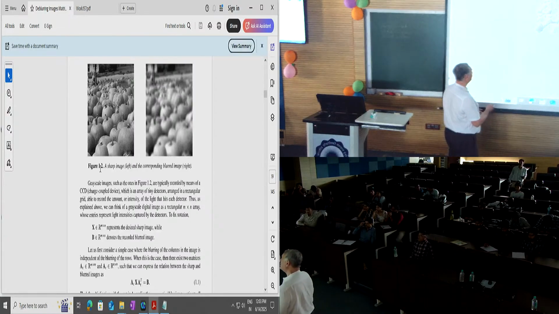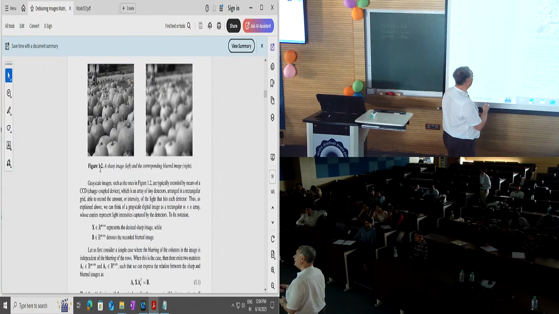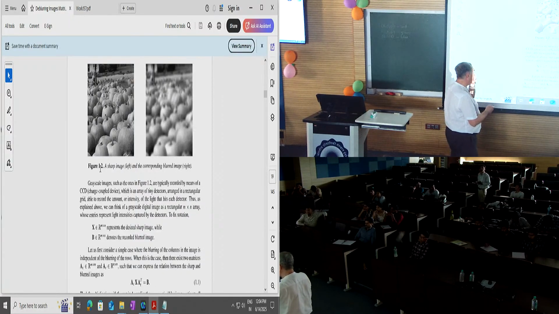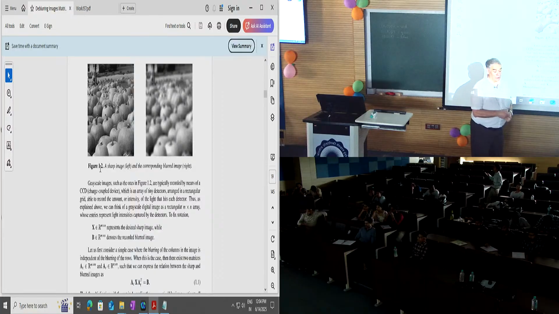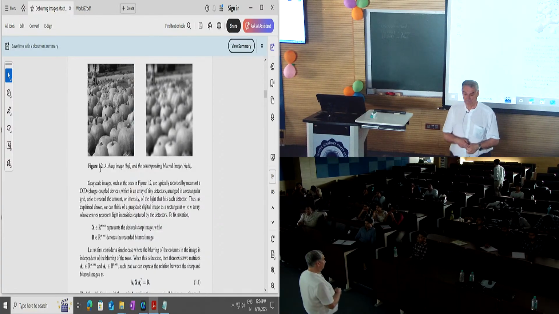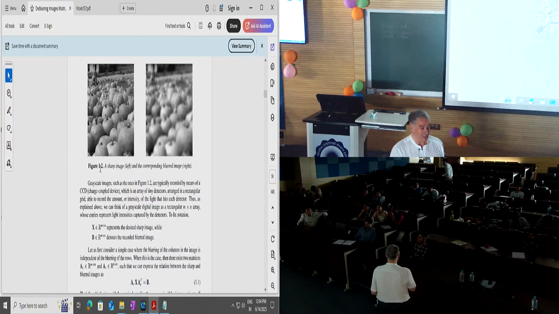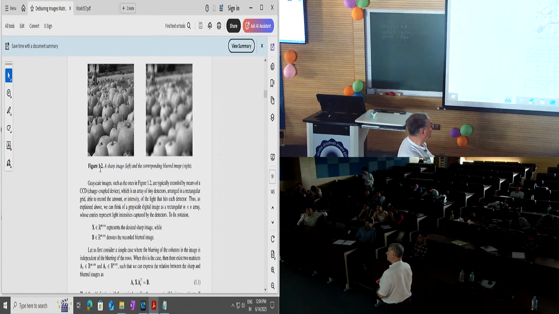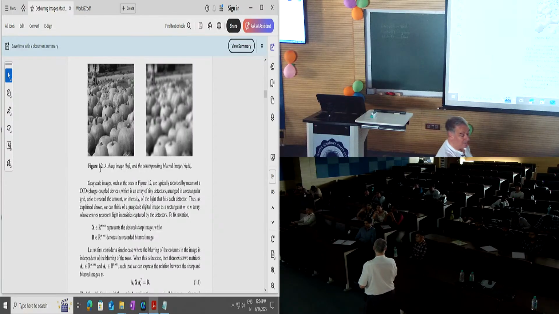Here is one example of a blurred image: the sharp original image, and on the right the blurred image. But we don't know the exact image. We have no exact picture. We have the blurred one, and the mathematical problem which we want to solve is how to obtain the original image from the blurred one.